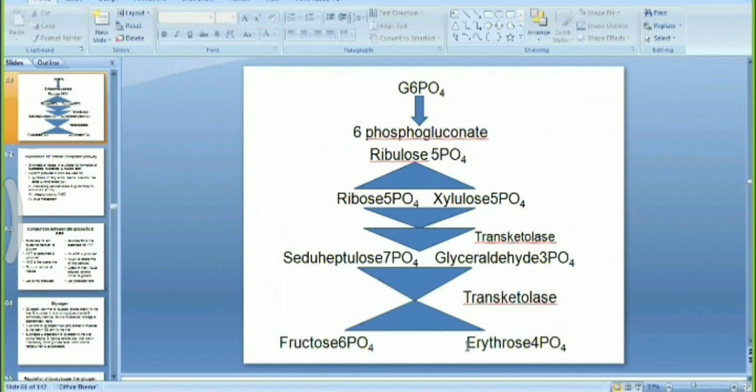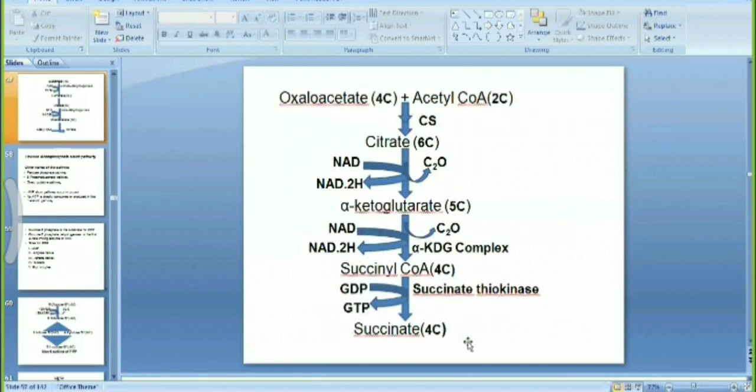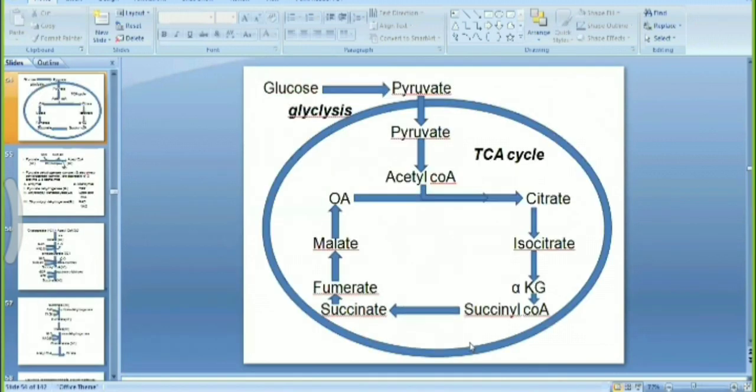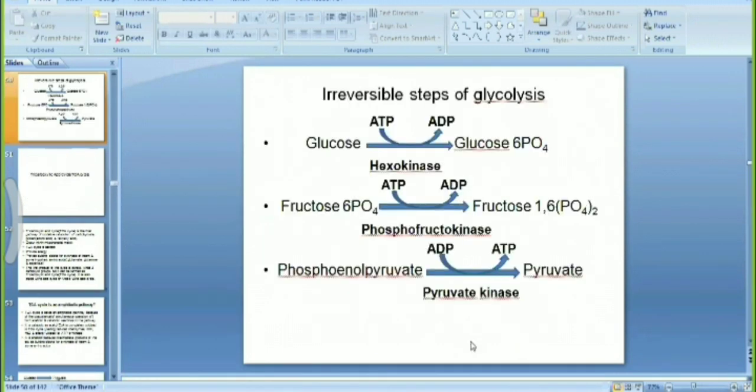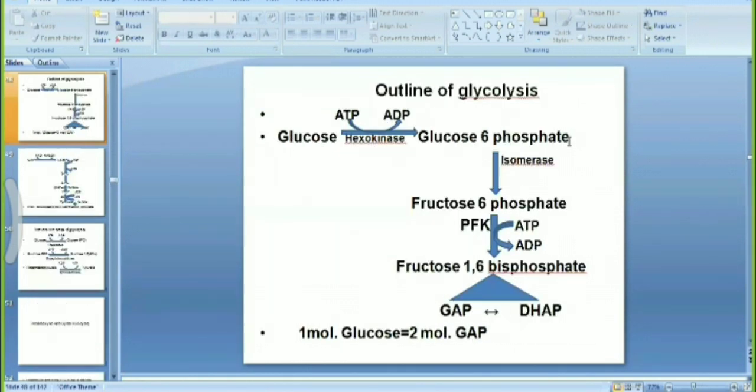This is the diagrammatic representation. Okay, next one important figure that I mentioned to show you. You see this glucose 6-phosphate is the substrate for the hexose monophosphate shunt pathway.